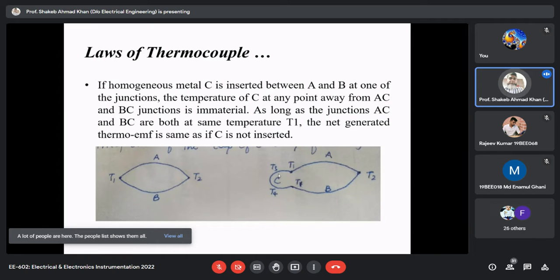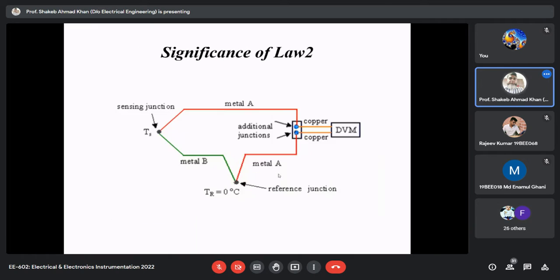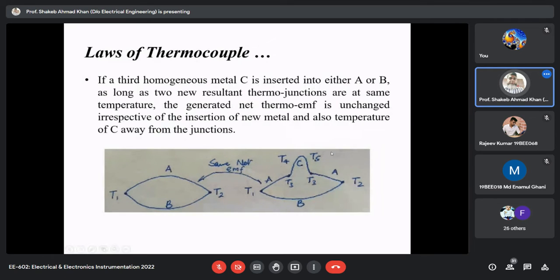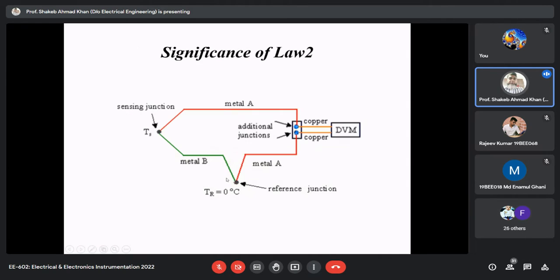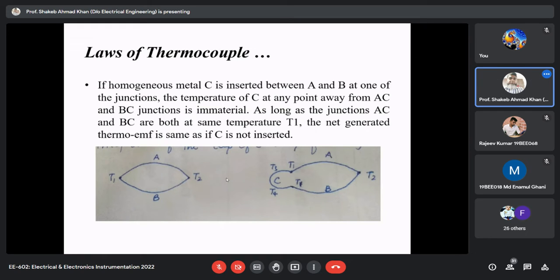It solely depends upon the temperature difference of the junctions. Here also this is valid. Whatever the temperature away from the junction, that is not going to affect your output. You will have the same EMF. So let me know what is your take on this law. If you are not able to understand, let me know.